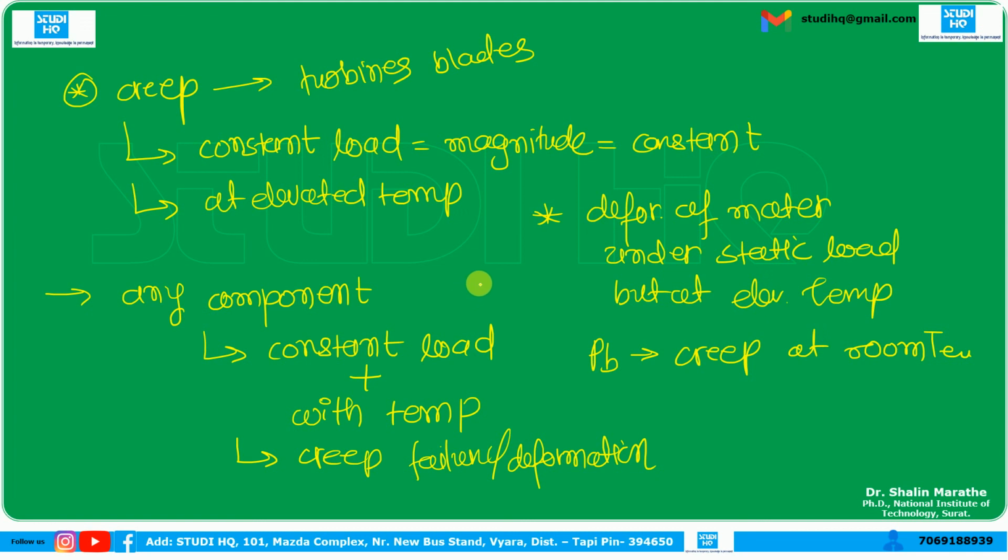These are a few basic important properties that one must know if he or she wants to understand further subjects of mechanical engineering, like material science, machine design and all that. I hope this is clear to you.